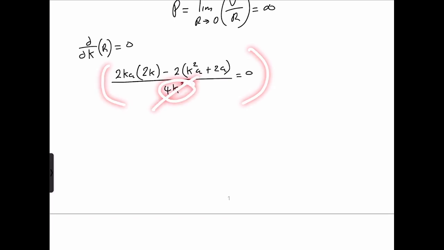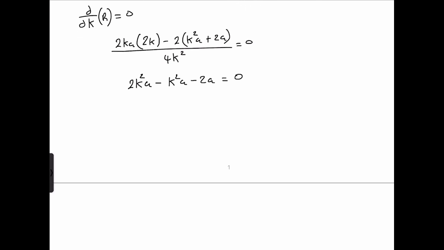This cancels out, and 4K squared times 0 is 0. And we can divide by 2, and also we can divide by A. So if we divide by A and divide by 2, we get 2K squared A minus 2A is equal to 0.